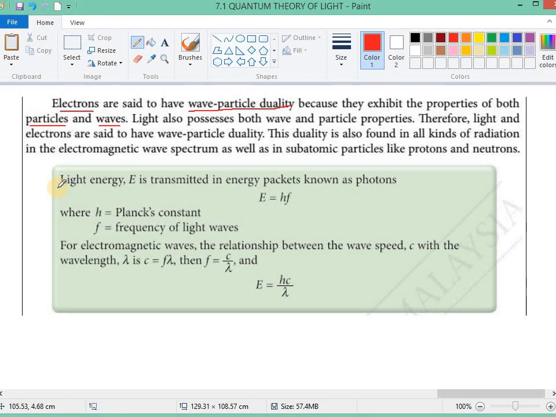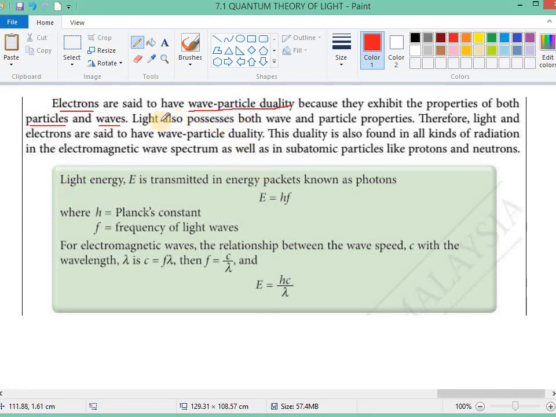But electron also can show wave characteristics, because electron can diffract, also can have interference. So this is why we say that electron have wave-particle duality.